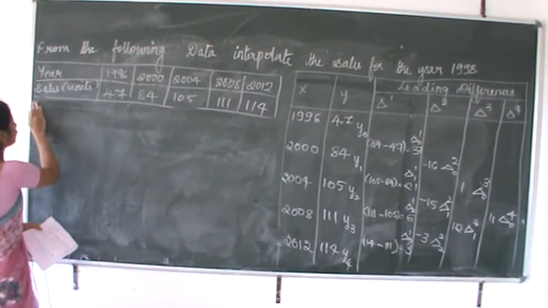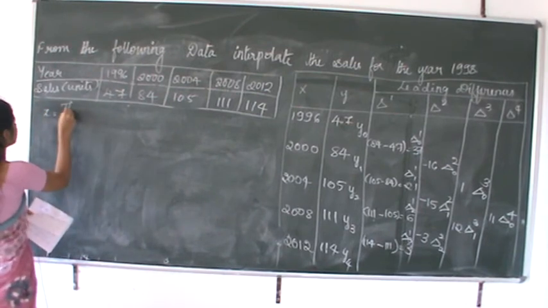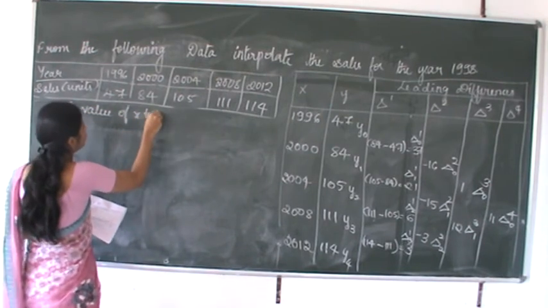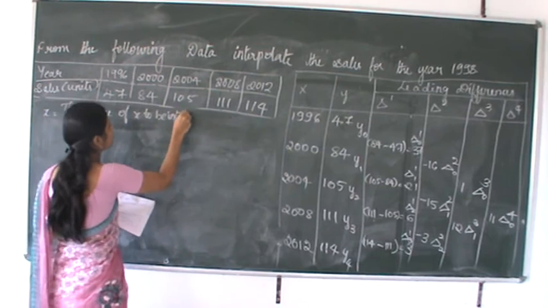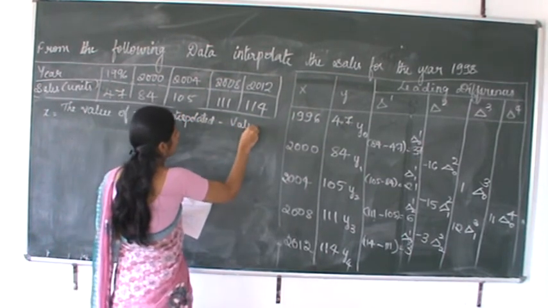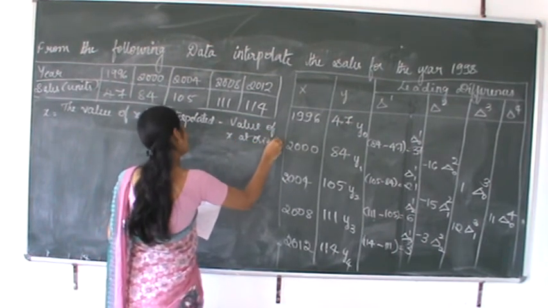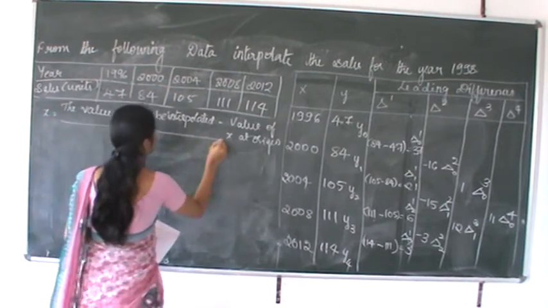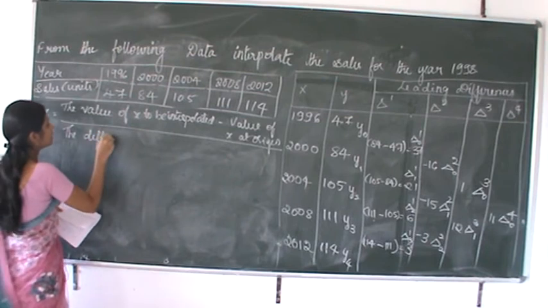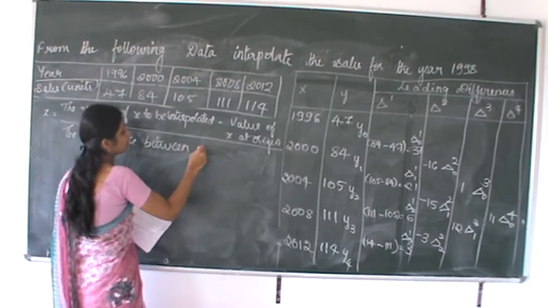So the formula to find x is equal to the value of x to be interpolated minus value of x at origin, divided by the difference between two adjoining values of x.